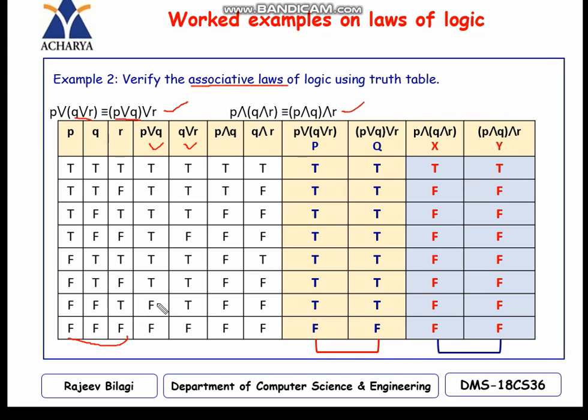So if you look at these two F values with respect to P or Q, this is F and this is F. So all other values are true. Okay, so this is P or Q, Q or R. So when both values are F, look at here, this is F and the last one is also F, otherwise all values are true.